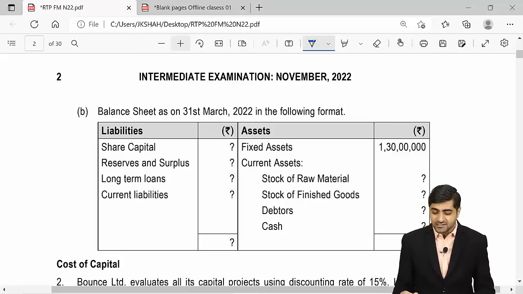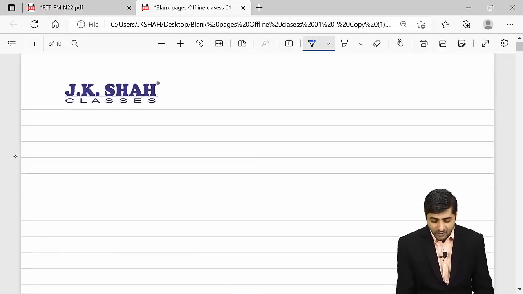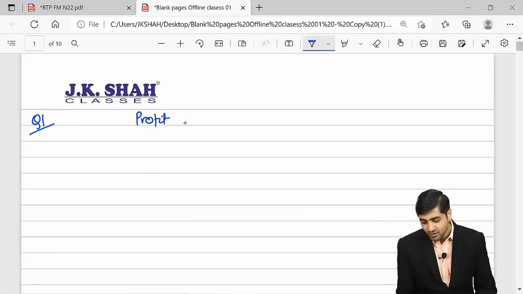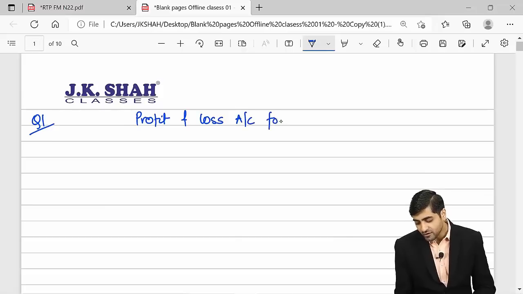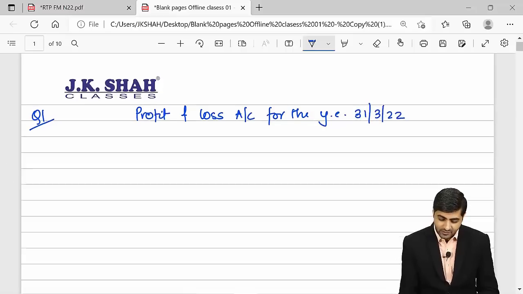So guys, let's get started with the format. We will quickly prepare the format for question number 1, in which I will write down profit and loss account for the year ended 31st March 22.